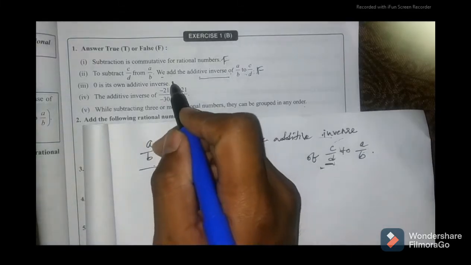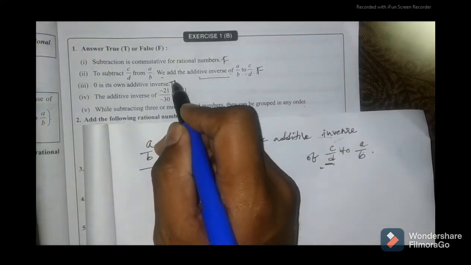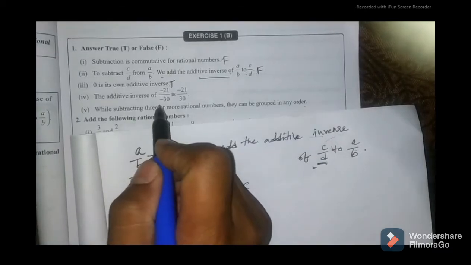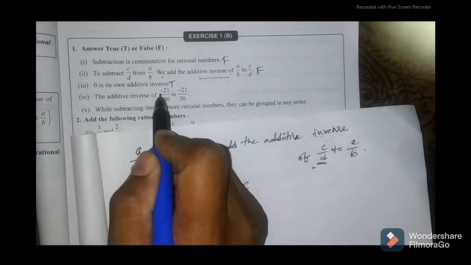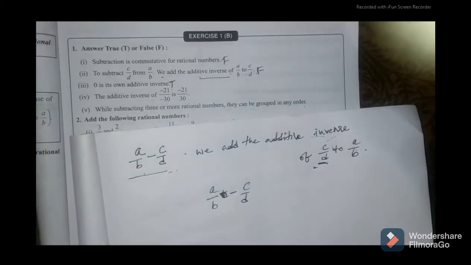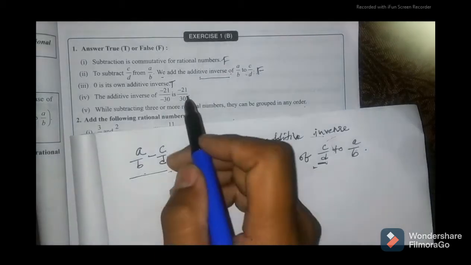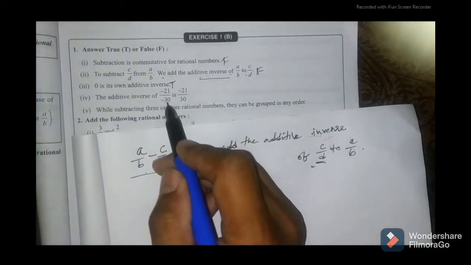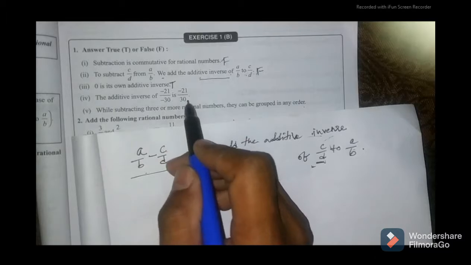Now the third: 0 is its own additive inverse. This is correct. This is true. Now the additive inverse of minus 21 by minus 30 is minus 21 by 30.